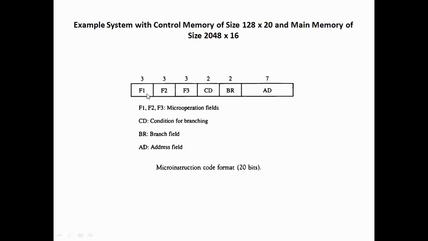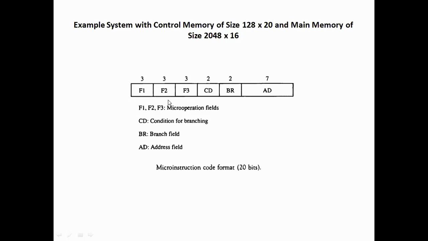So that means this F1 represents 7 operations, F2 again represents 7 operations, and F3 also 7 micro operations. So in total, if we combine all, that will be 21 micro operations. So in this format, 21 micro operations can be performed, and at a time there will be 3 micro operations, right?